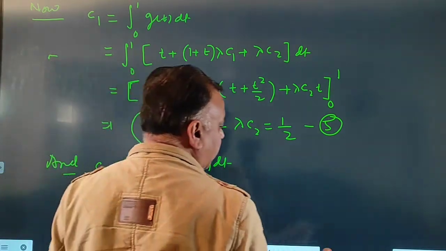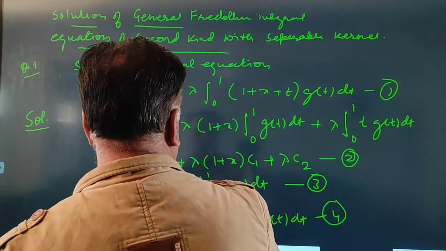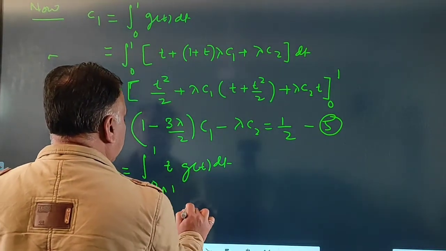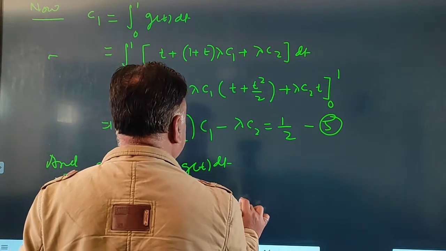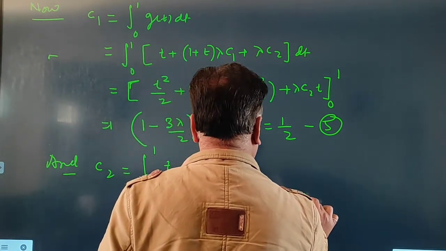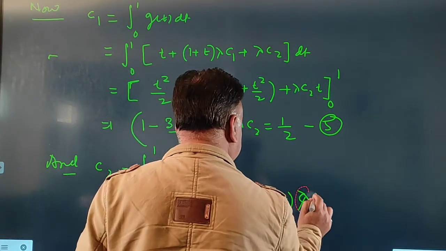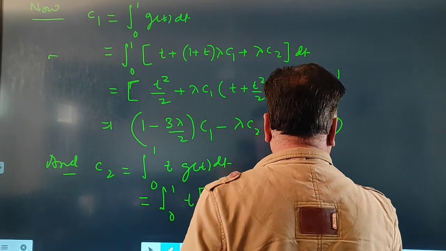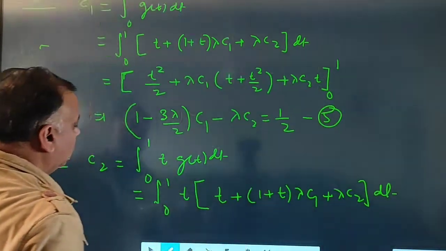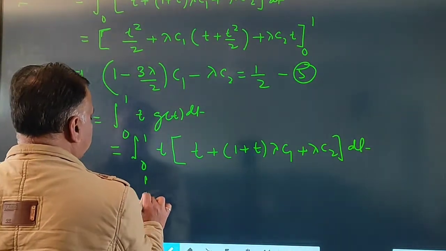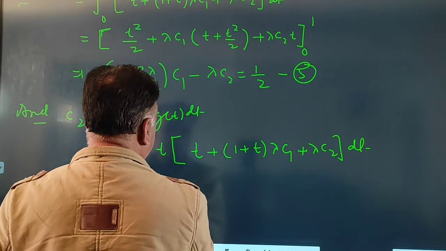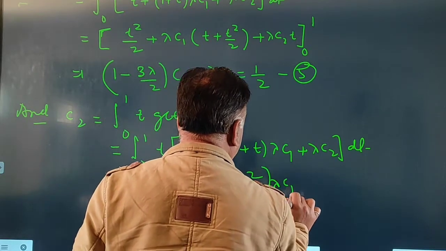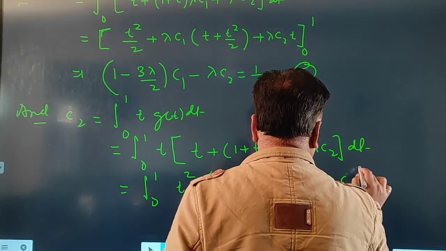Putting the value of g(t), where g(t) is t plus 1 plus t into lambda c1 plus lambda into c2, we get the integral from 0 to 1 of t squared plus t squared into lambda c1 plus t into lambda c2 dt.